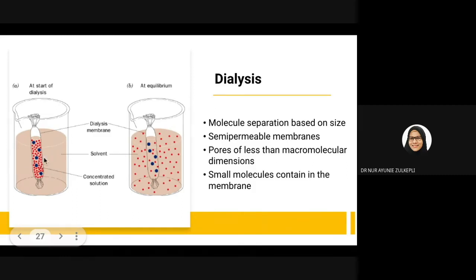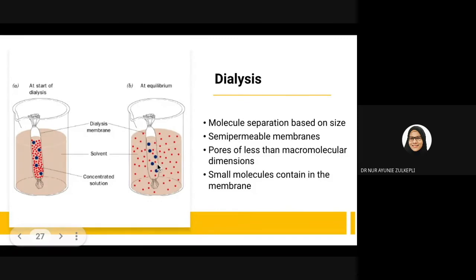The unwanted, smaller proteins will go out. Then you take the semi-permeable membrane out, and your protein of interest is trapped in it. So this is one way you can isolate proteins. The blue one, the larger macromolecule, is your protein of interest, so it will be trapped here.